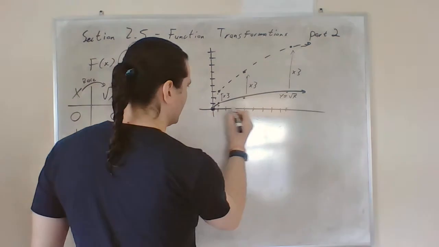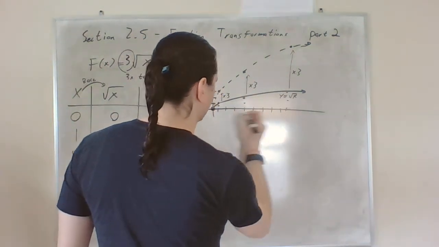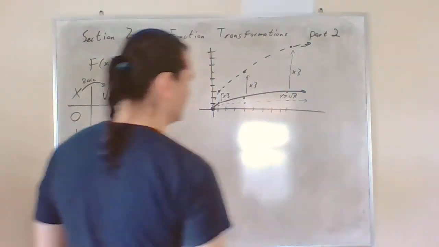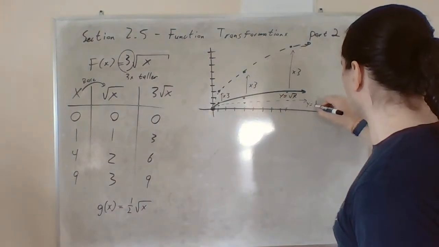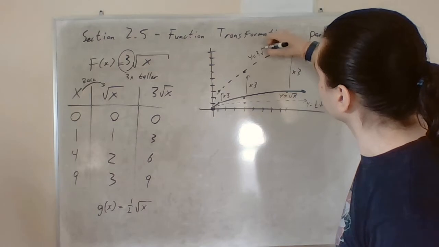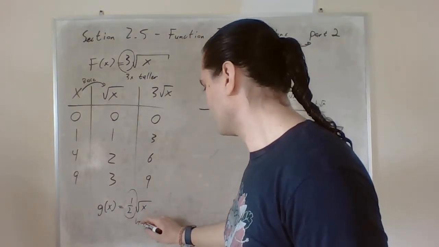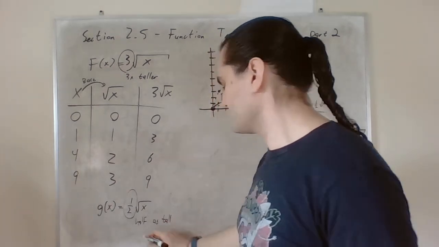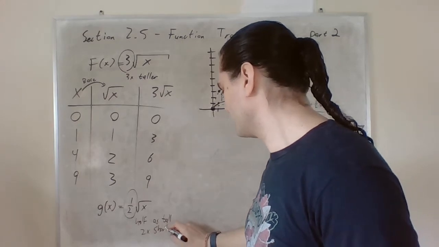So you'd have a point here, you'd have a point here, and you'd have a point here. So this is y equals 1/2 square root x, and this is y equals 3 square root x. So this is half as tall, or sometimes you might say that this is 2x shorter.